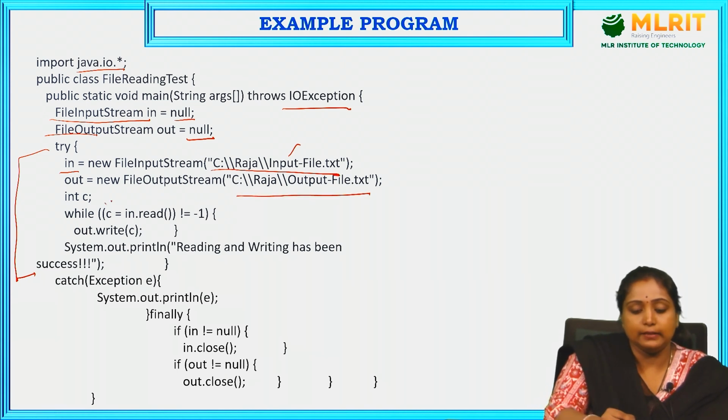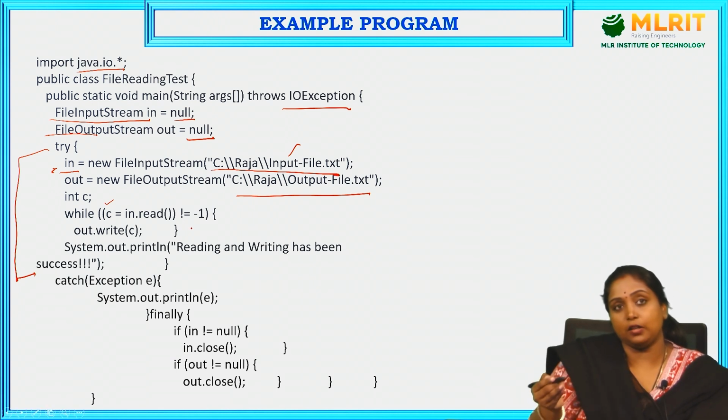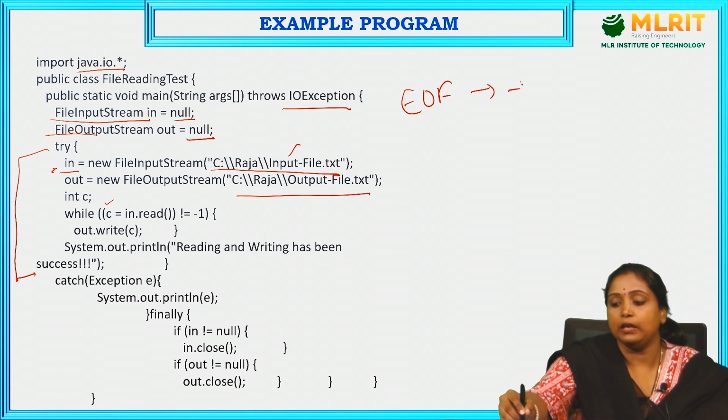Then int c, and we check whether in.read is not equal to -1, meaning we have not reached the end of the file. Whenever you reach the end of the file, the value will be -1.